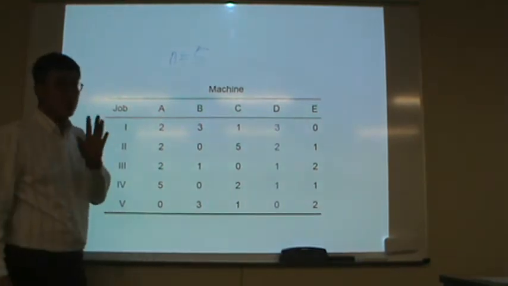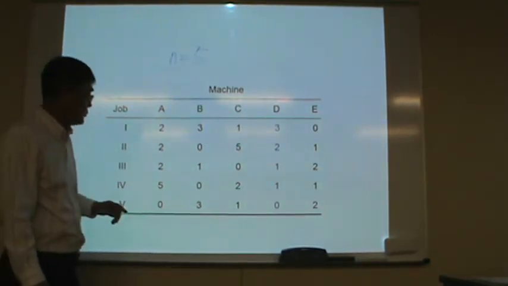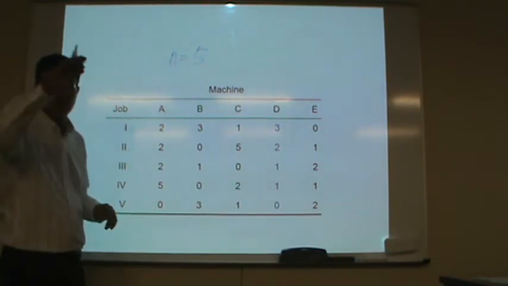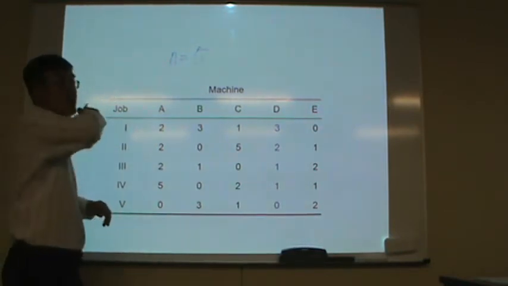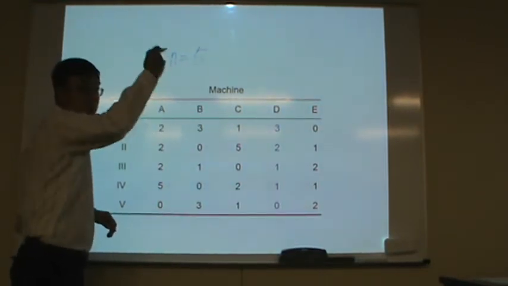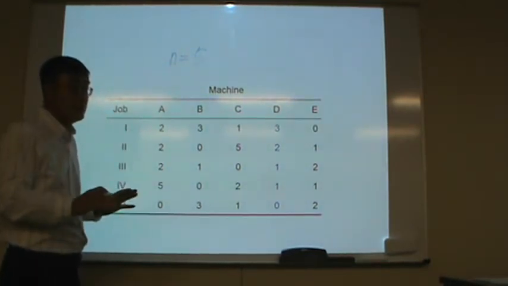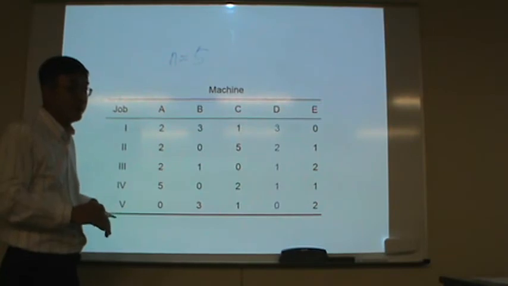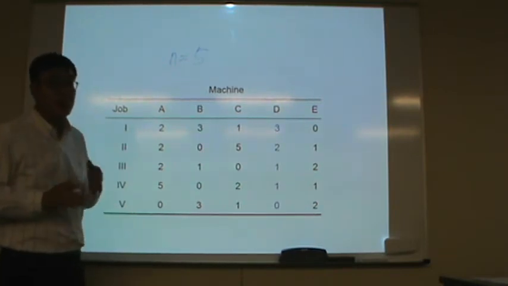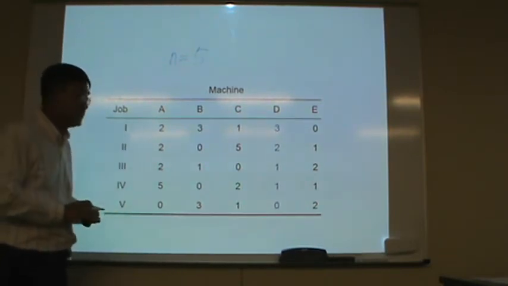To cover all 0 using lines, horizontal or vertical, it doesn't matter. The minimum number of lines to cover all 0. How many lines do we need to cover all 0?